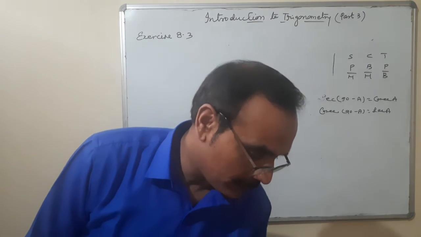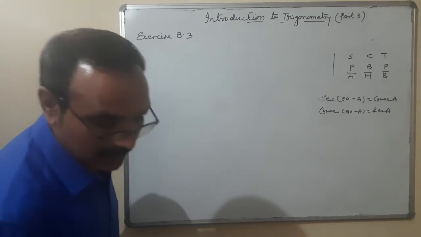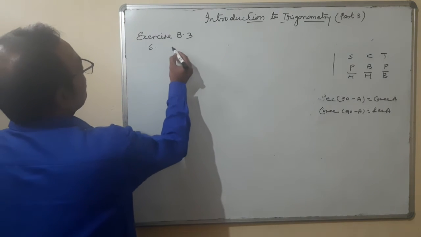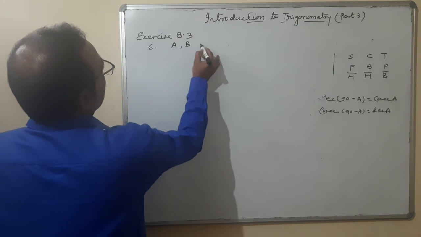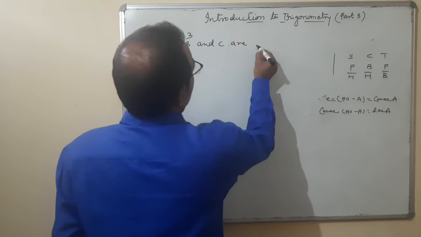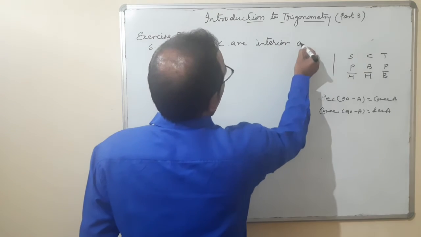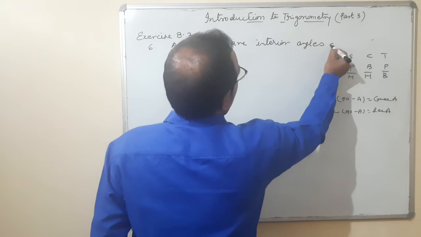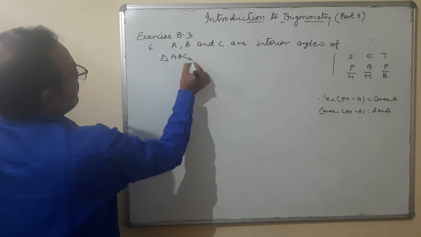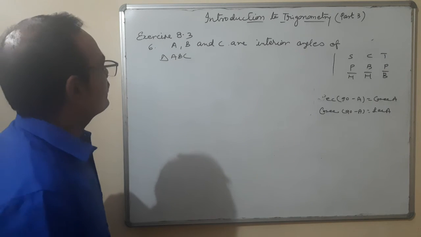One question is: A, B and C are interior angles of a triangle ABC. This is question number 6. By the way, if interior is not mentioned, then also we generally take interior angles of a triangle.